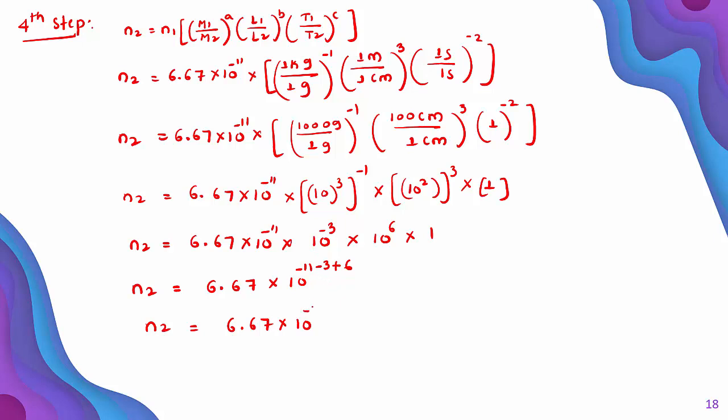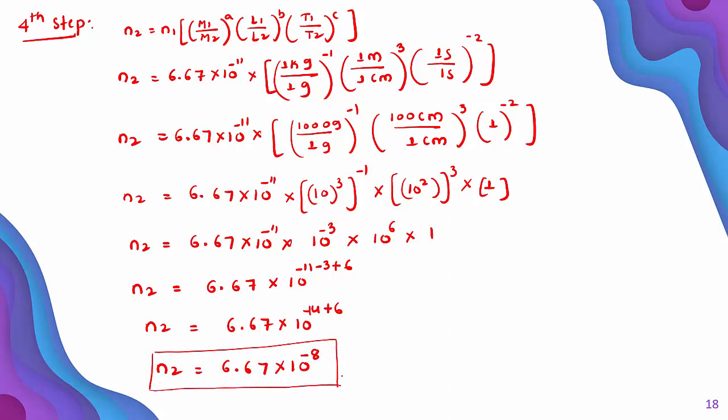Minus 14. Minus 14 plus 6 is how much? N2 equal to 6.67 into 10 raised to minus 14 plus 6 will be minus 8. So this is the value of N2. N2 equal to how much? 6.67 into 10 raised to minus 8.